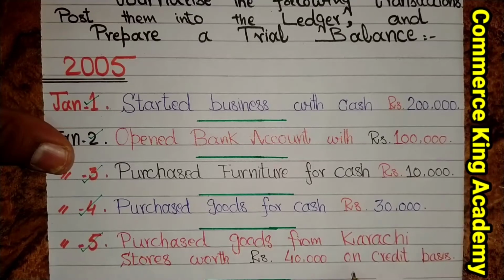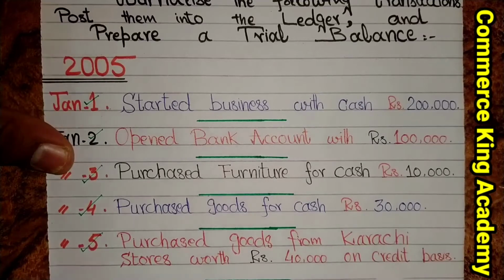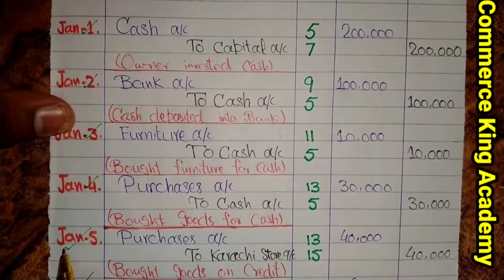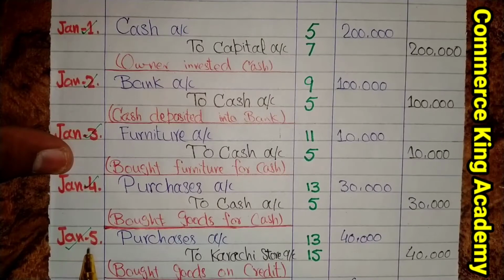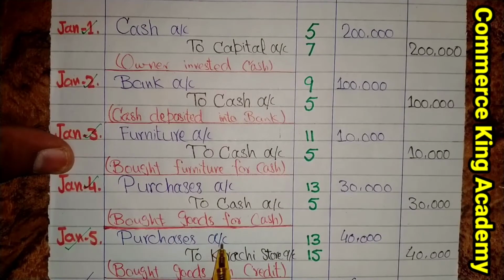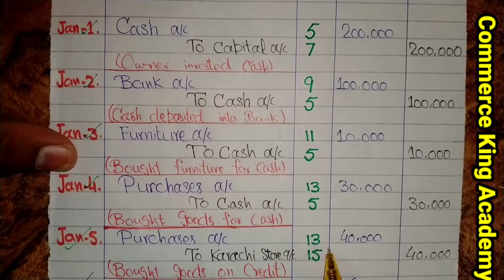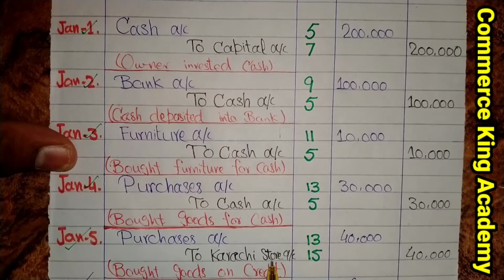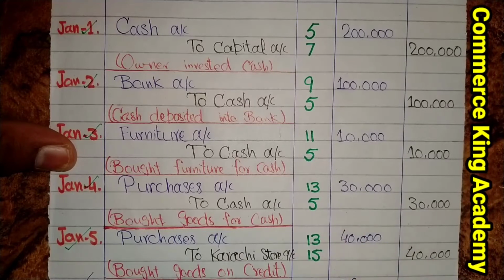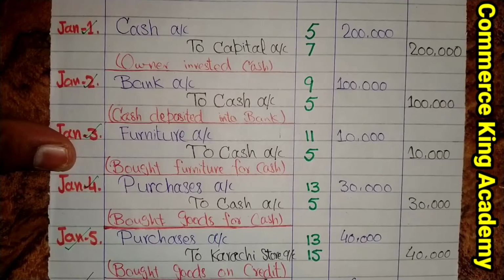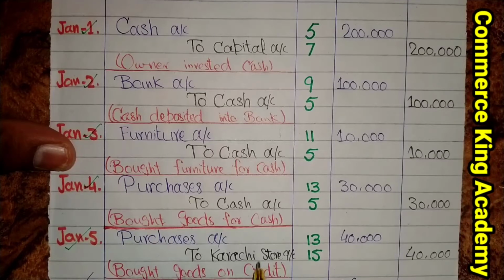The transaction is done on credit basis. So the journal entry is this: Jan 5th, purchases account will be debited with ledger folio number 30 and to Karachi Stores, same amounts debit and credit, with details: bought goods on credit or on account basis from Karachi Stores by the business.